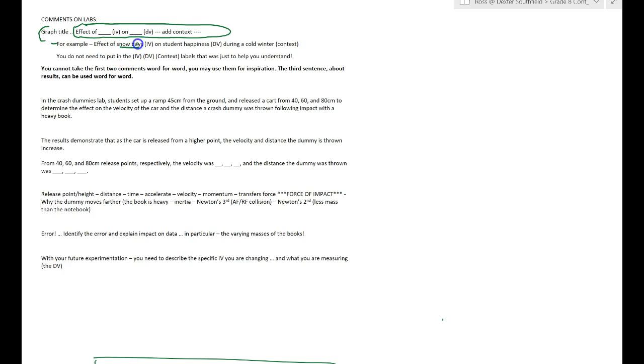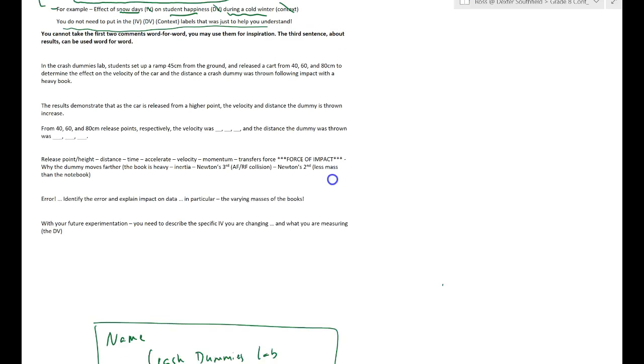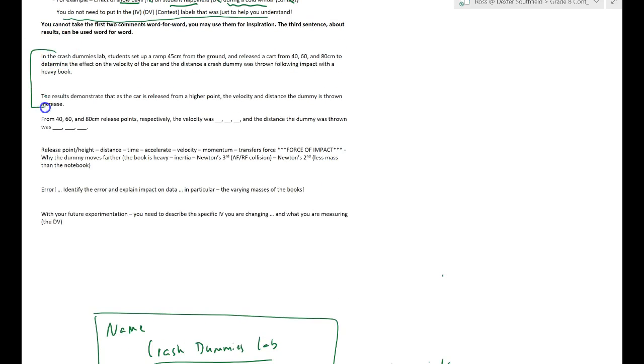See, here's your independent variable, here's your dependent variable, and there's the context, right? You don't actually want to write these 3 things in your lab titles. Those are just to call out what those different variables are, which is what I wrote right here. So, as usual, you cannot take these 2 word for word, but this one you can.